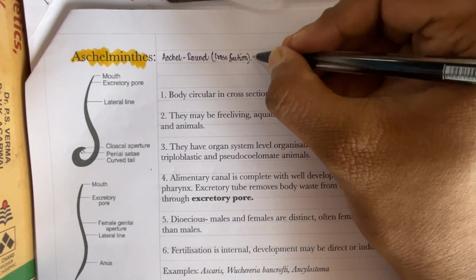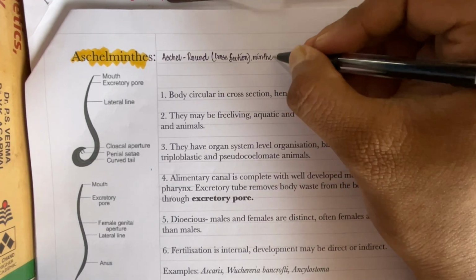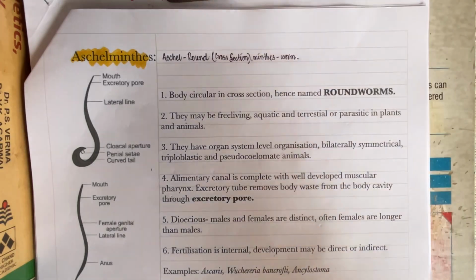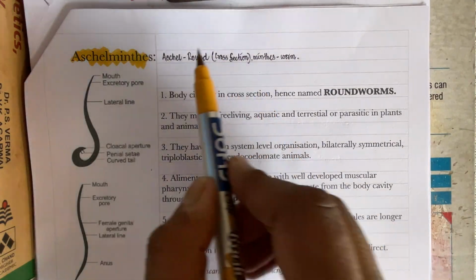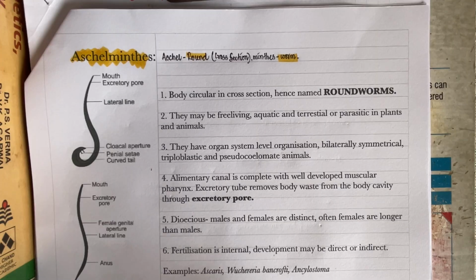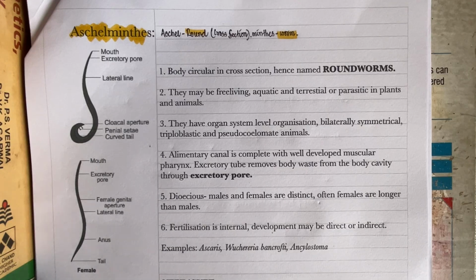And obviously the word helminth means worm. So in this phylum we will see roundworms. As I have said just now, let us move into the characters of this organism.